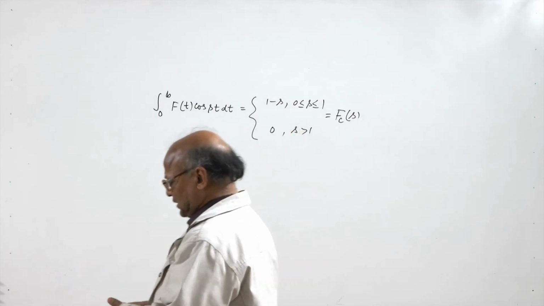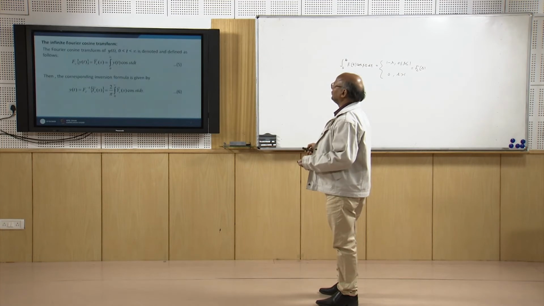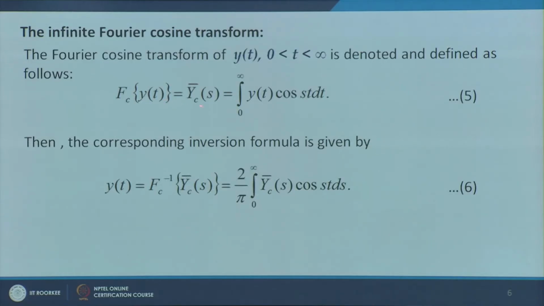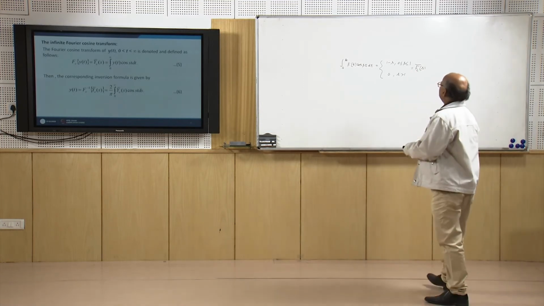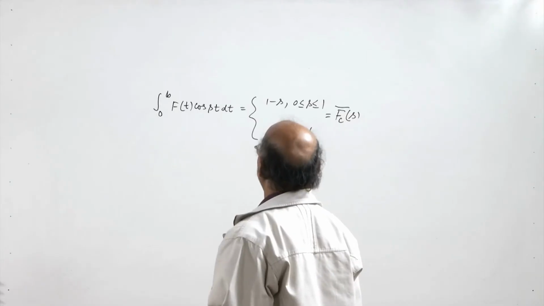If you go to the definition of the Fourier cosine transform, then you will see that F_c of f(t), which we have denoted by f_c bar(s), is integral 0 to infinity f(t) cos st dt. So here we are given f_c bar(s), and we want to determine the unknown function f(t).